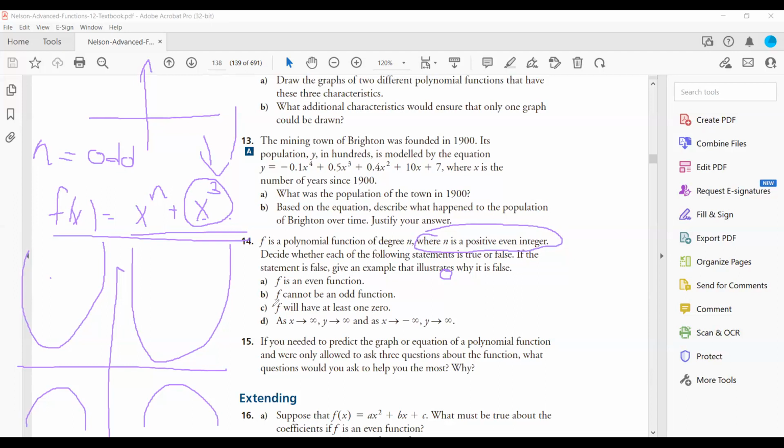Question C, f will have at least one zero. My answer is this is false because as soon as it's an even degree function, it means that it's going to end up in the same infinity, whether it's positive or negative. So we can position this function in one of four quadrants completely, or even in two quadrants, but it still won't have any zeros.